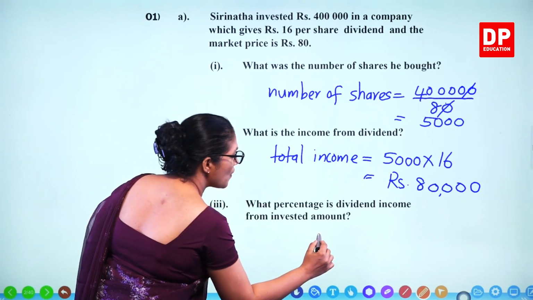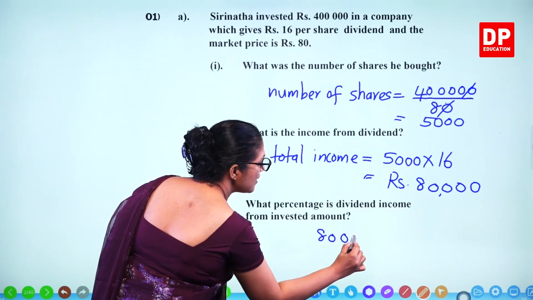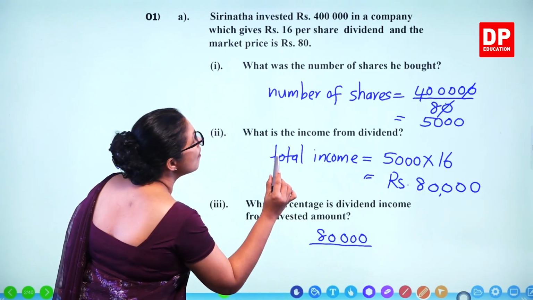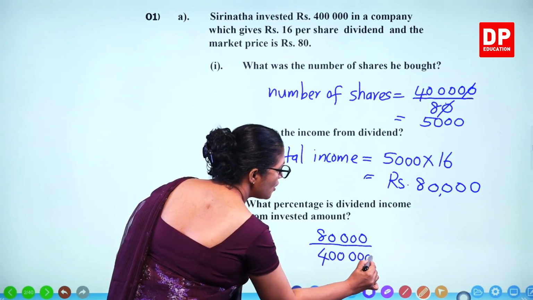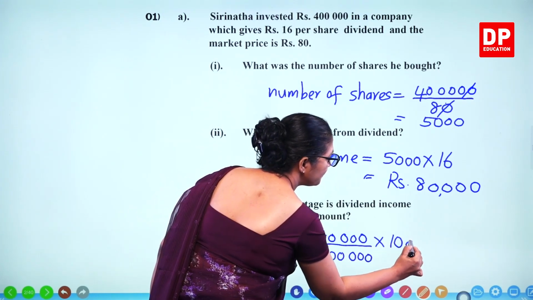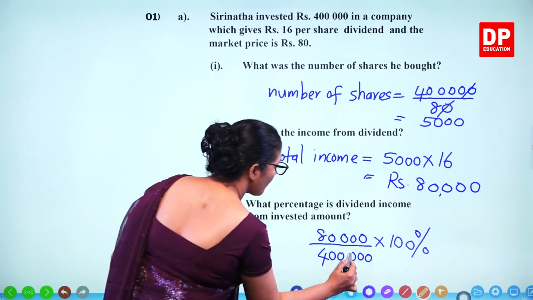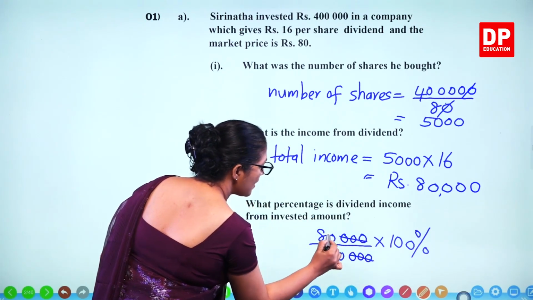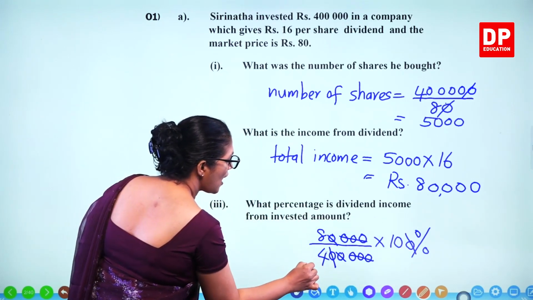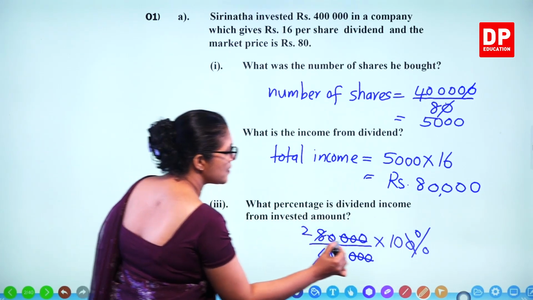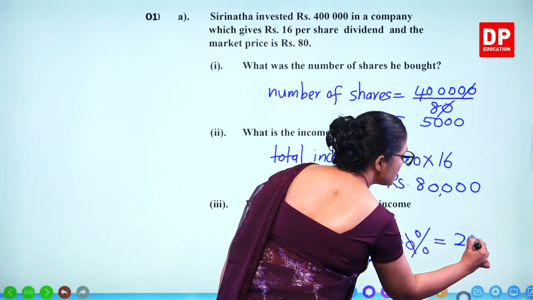What percentage is the dividend income from the invested amount? So percentage value. Dividend income 80,000 rupees for 400,000 rupees into 100%. 3 zeros and another 1 zero here. 4 times 2, 2 times 10, 20%.